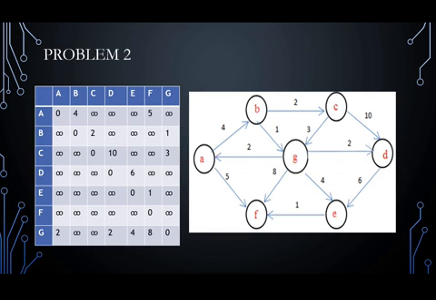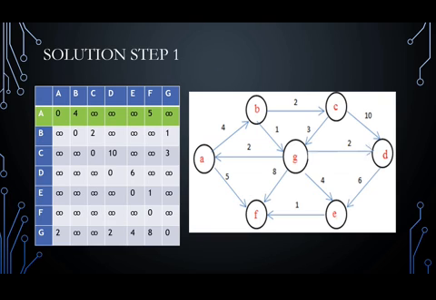A has one incoming, B has one incoming, C has one incoming, D has two incoming, E has two incoming, F has three incoming, G has two incoming. So there is no node which has no incoming edges. So therefore, you can pick any of them as the source. So I will pick A as the source and start solving the problem.